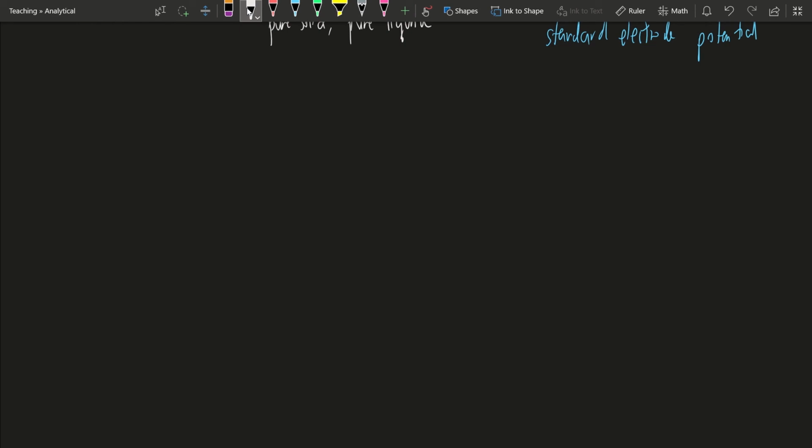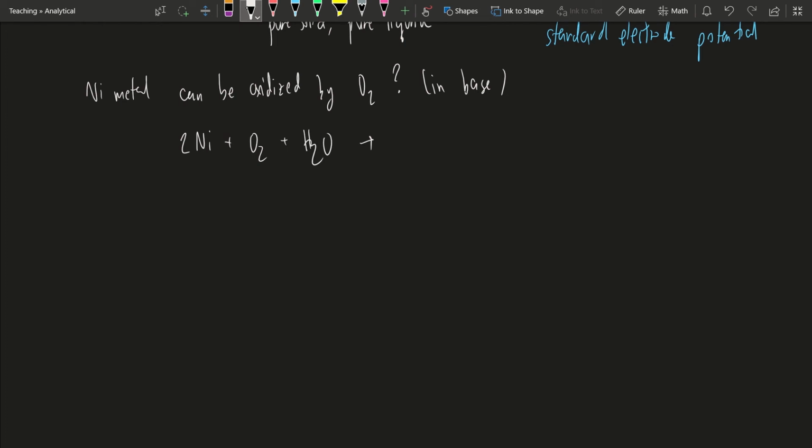If we want to know whether nickel metal can be oxidized by oxygen or not in basic condition, we can use the relevant standard electrode potential to predict the reaction. And the reaction is given here: 2 nickel plus oxygen plus water, and you get nickel ion as the product plus 4 hydroxide ion.